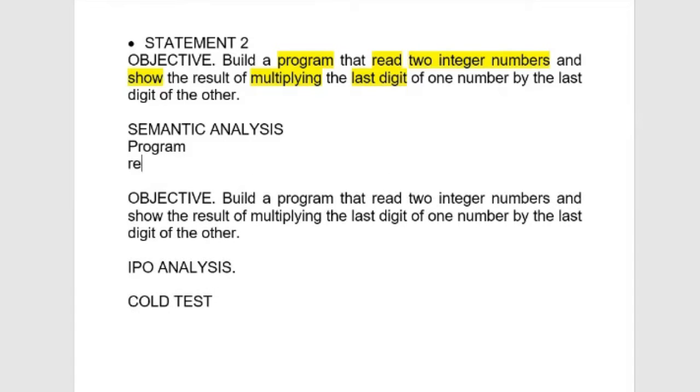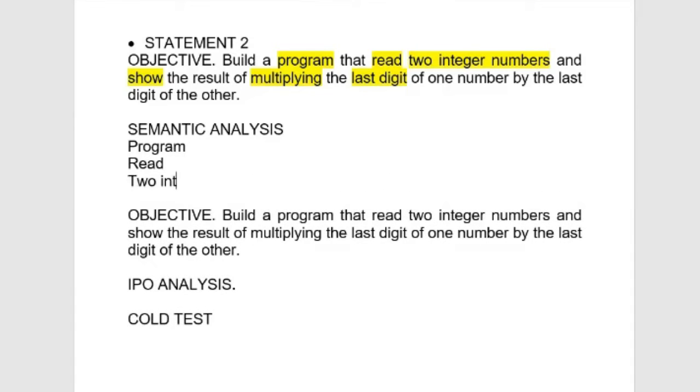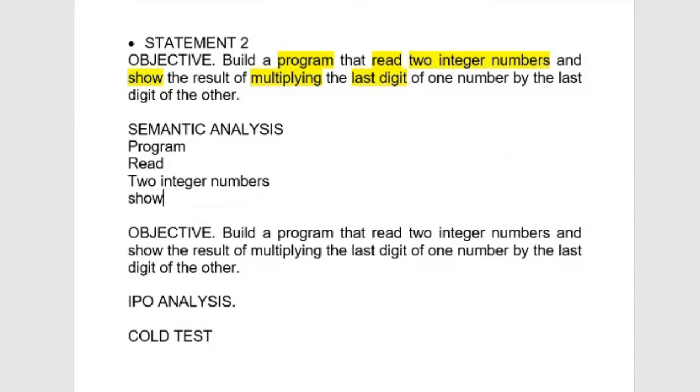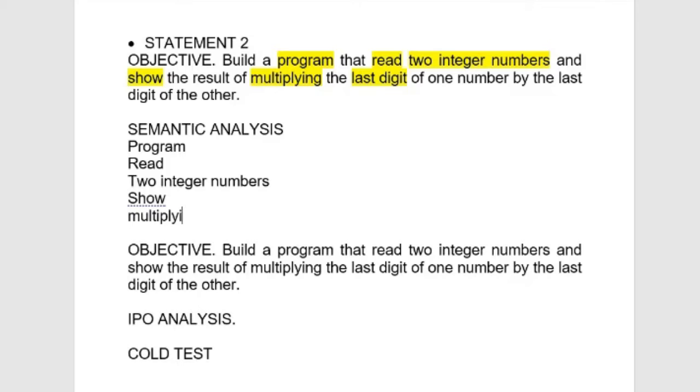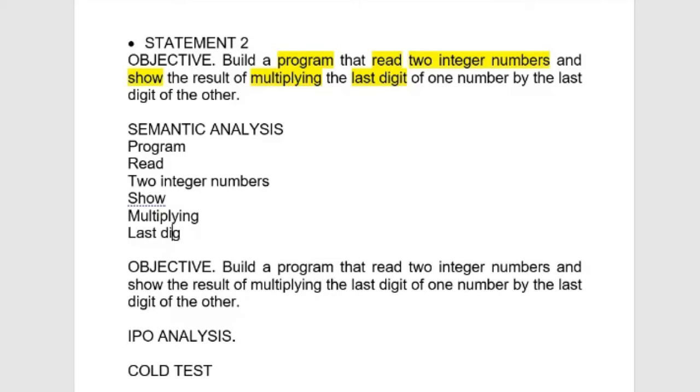Program, read, two integer numbers, show, multiplying, and last digit. Okay. Now let's define these words. If defining these words is easy for you, you can say, I really understand the objective.